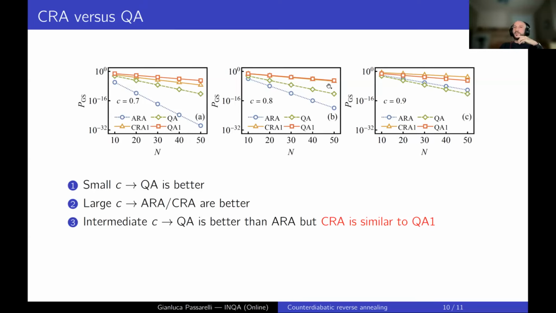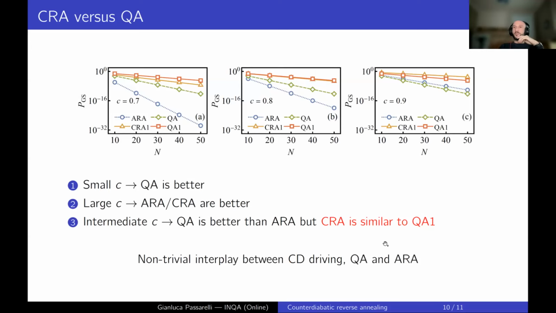And this suggests that there is a non-trivial interplay between counterdiabatic driving, reverse quantum annealing, and quantum annealing, because counterdiabatic driving is affecting reverse annealing differently than it is affecting standard quantum annealing.